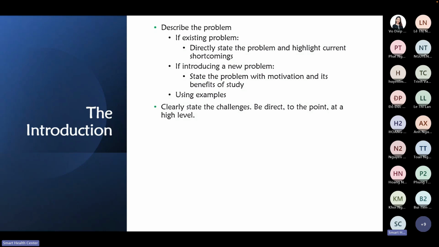But at the high level. Why is it at the high level? Anyone know why at the high level? Yes, because it's an introduction. I think it's because it's just an introduction, so you shouldn't go really into details about it.